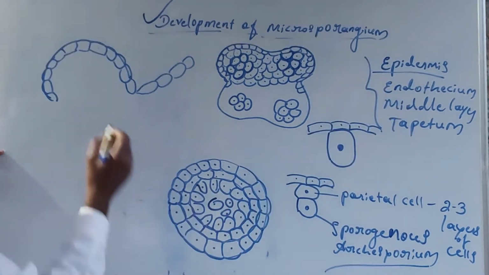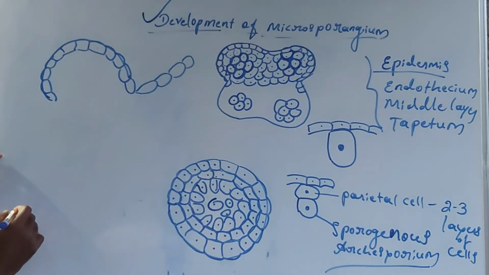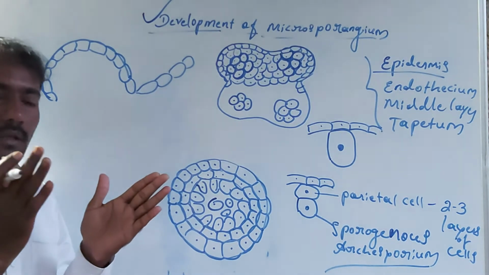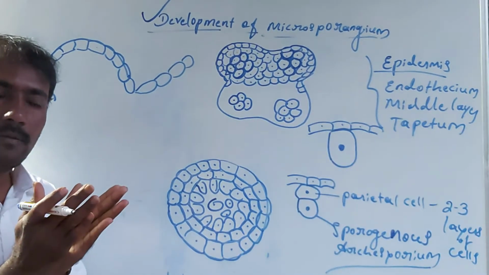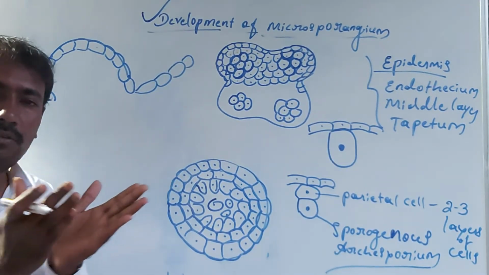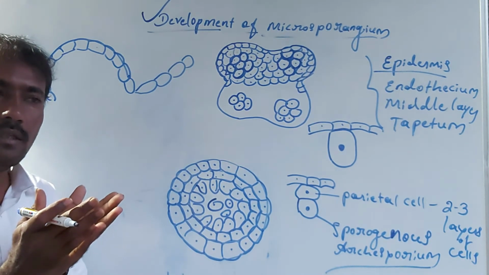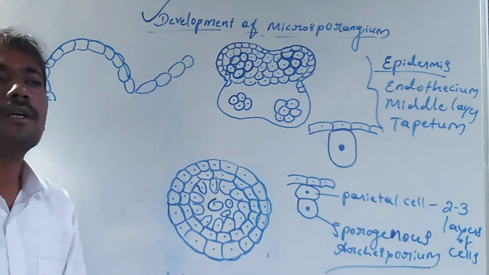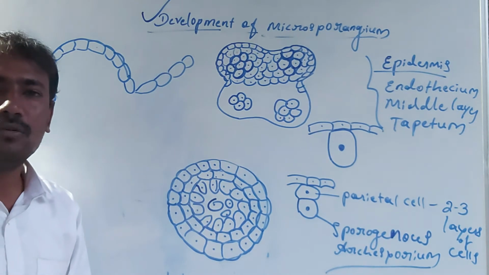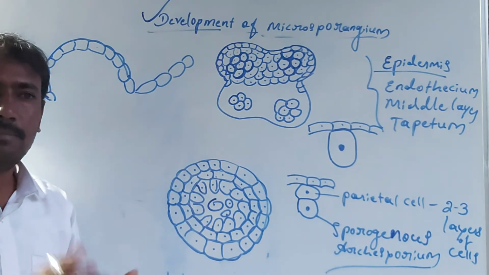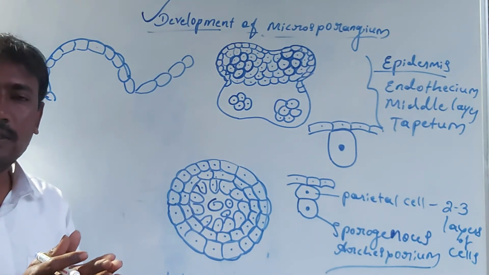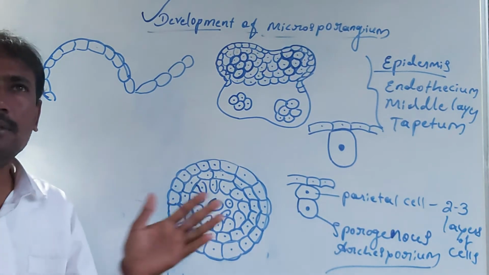Inner to the epidermis lies the endothecium. This endothecium plays a very significant role in the process of dehiscence, that is the breaking up or rupturing of the wall of the anther and the release of the microspores or pollen grains. Rupturing of the anther wall takes place differently in different plants.